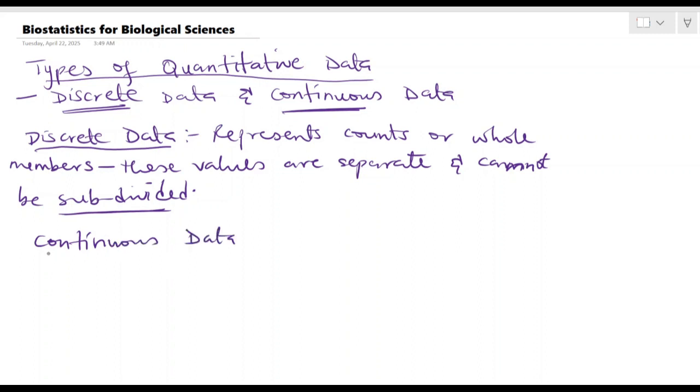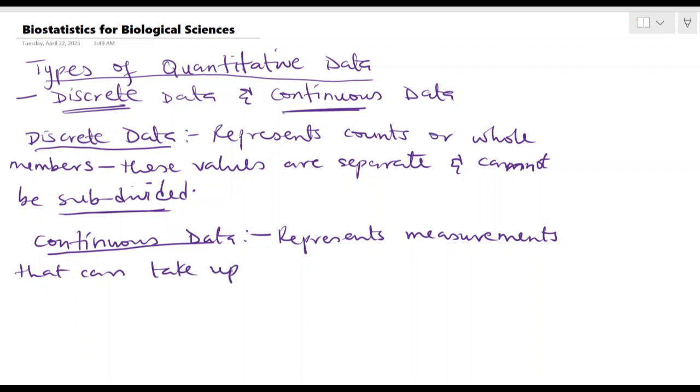Continuous data represents measurements that can take on any value within a range.